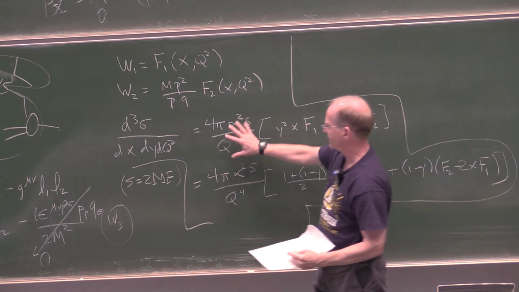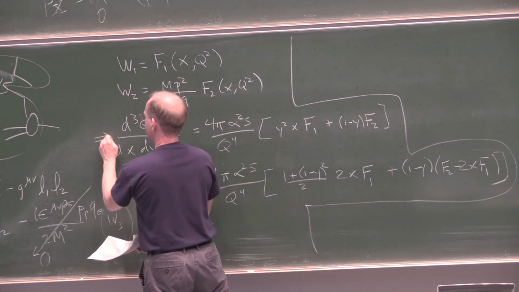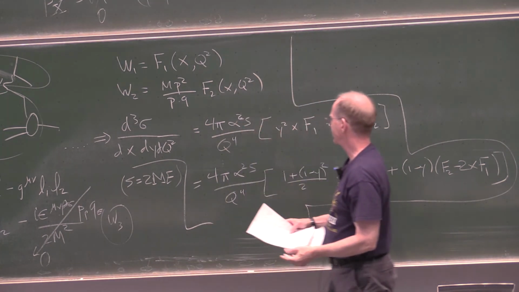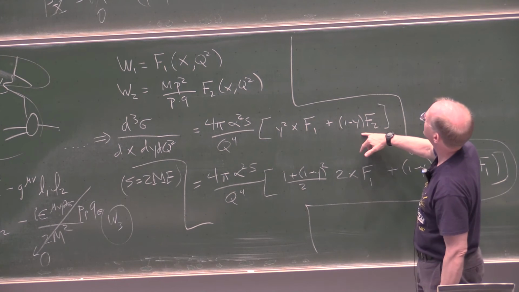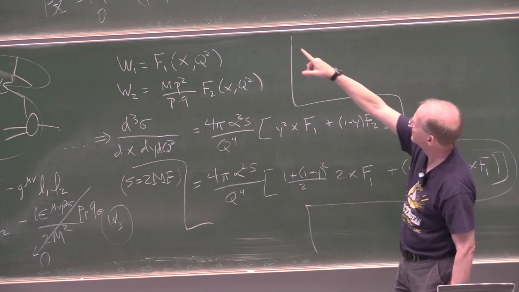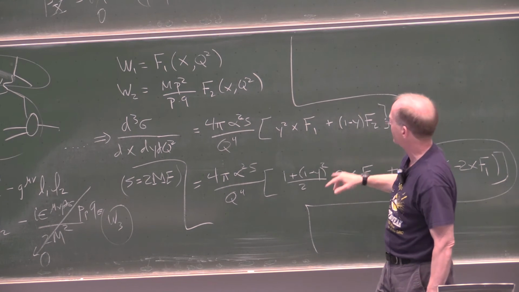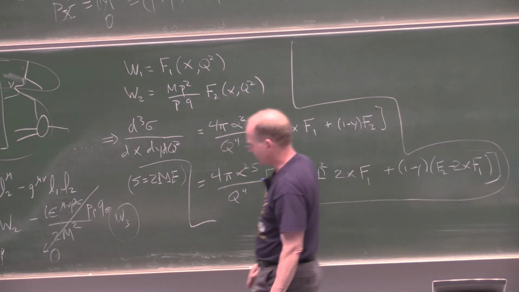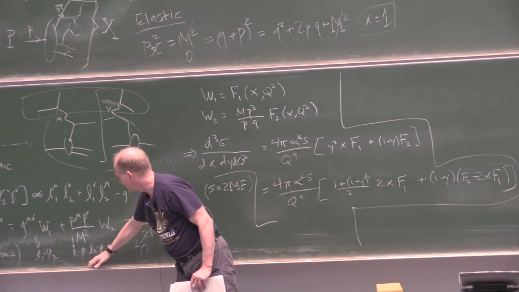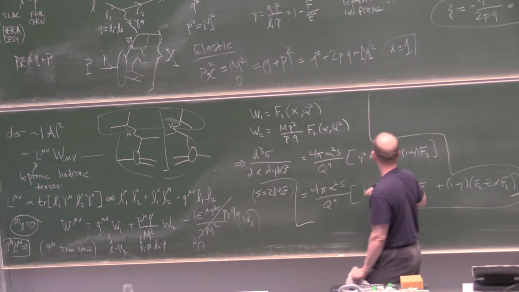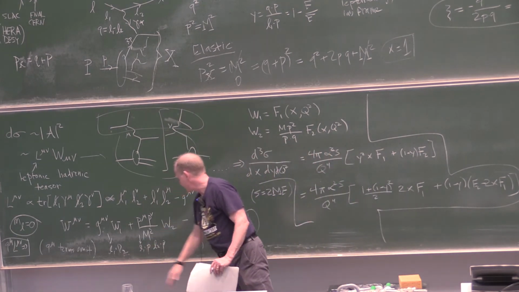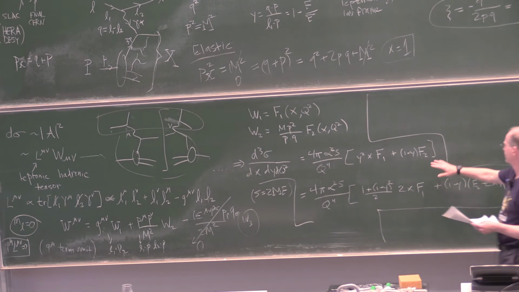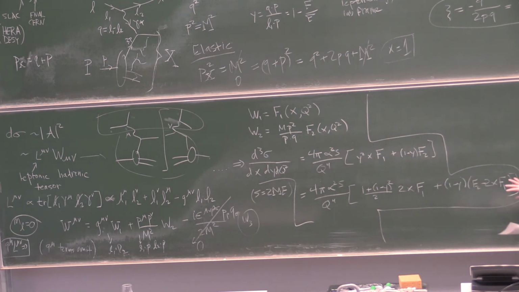This is just some algebra I didn't do for you, but if you pay attention to some Jacobians, you can see that this 1 minus y involves L2.P over L1.P. That comes from the fact that there was a L2.P in here, whereas this one differs from it by a relative factor of L1.P, L2.P. And then you can check the algebra that this is the same as this.